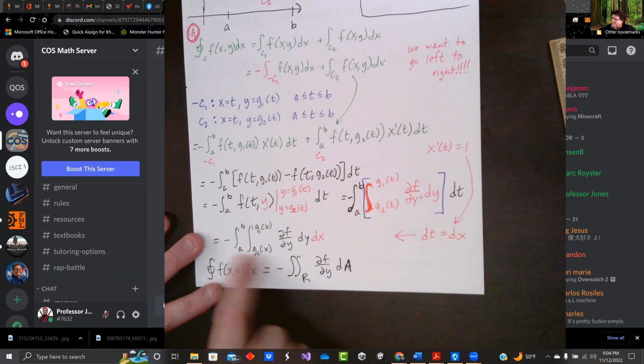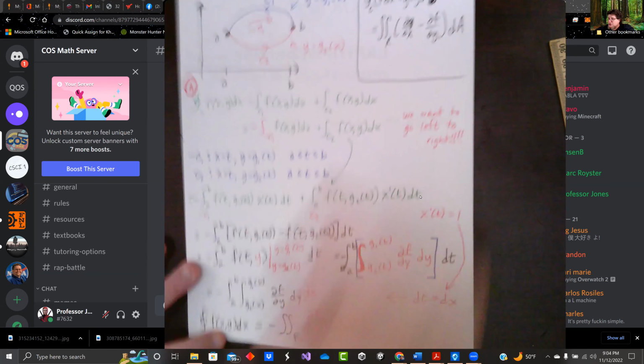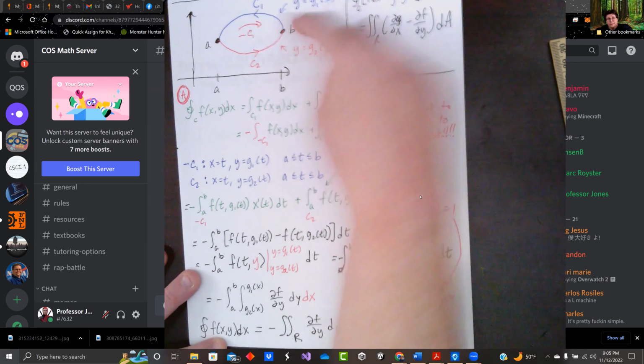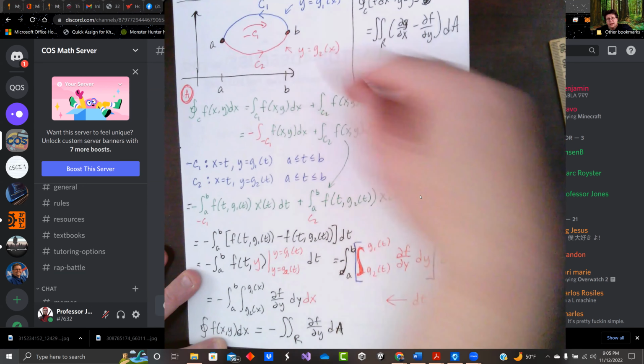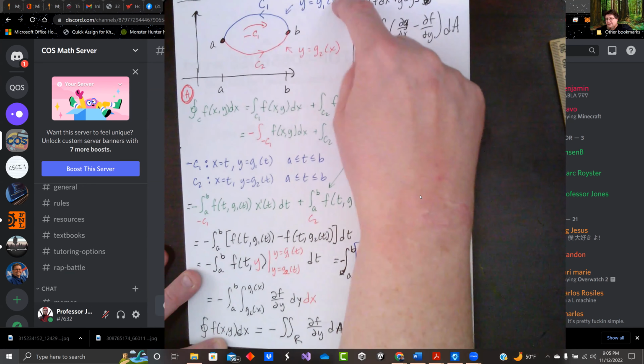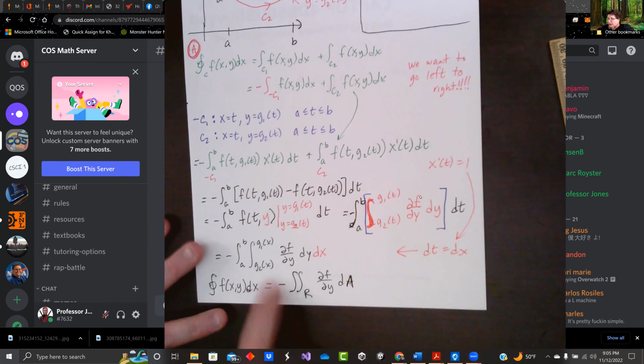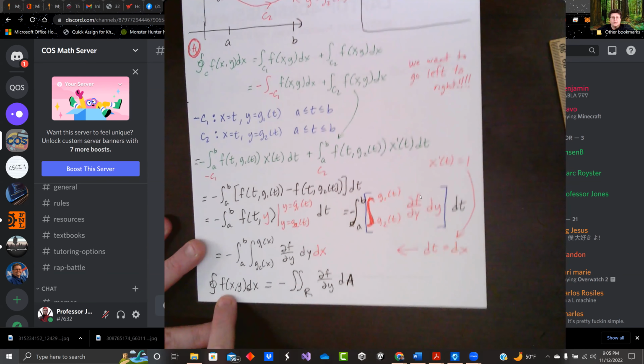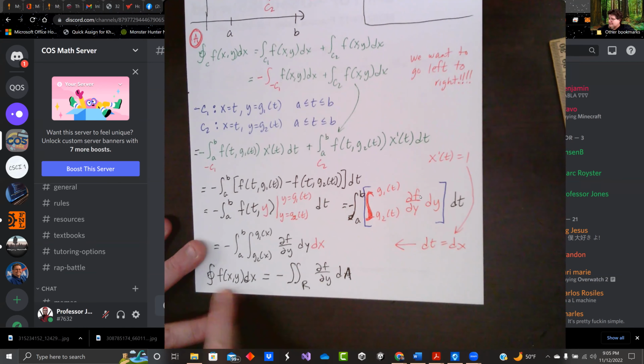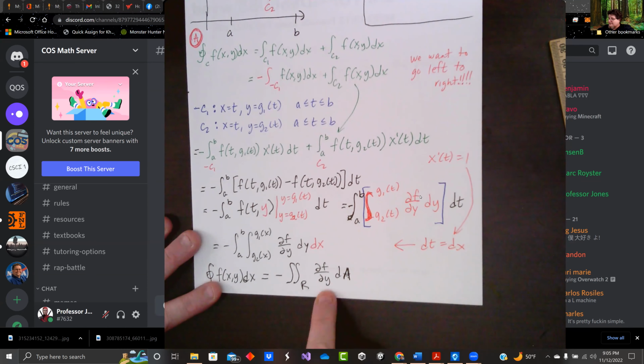And this is my region R: a to b for x and g2 of x to g1 of x for y. So my closed integral for f dx is the negative double integral of df/dy dA. That's where we're at.